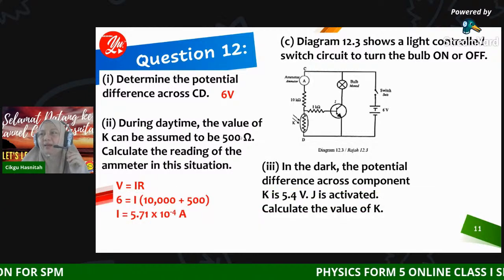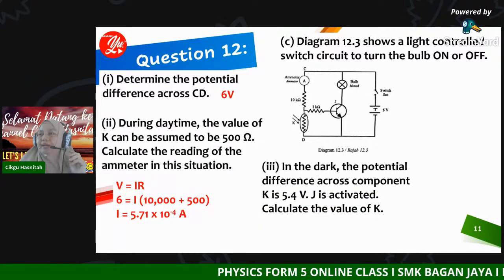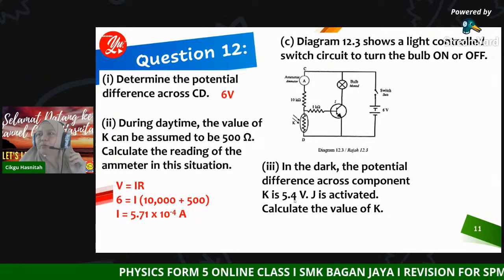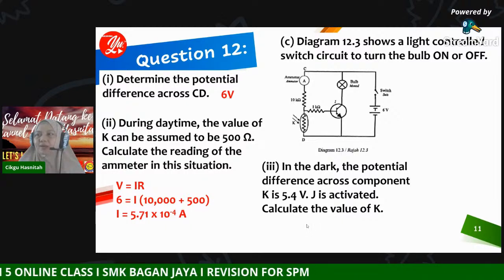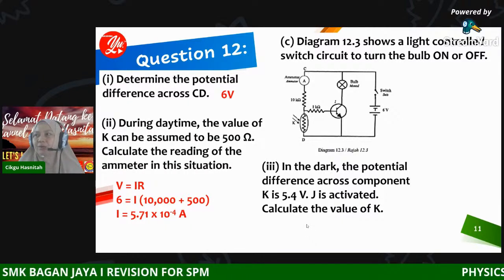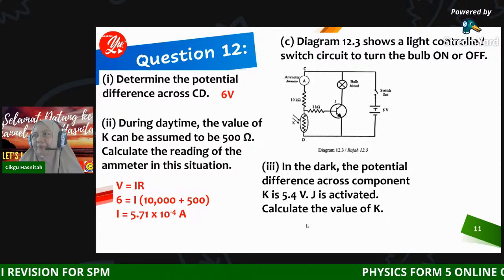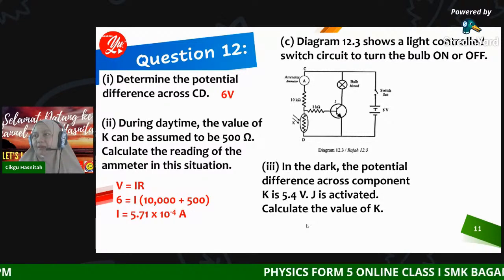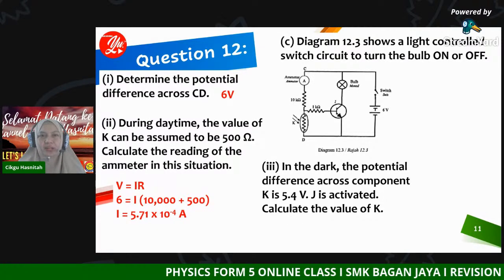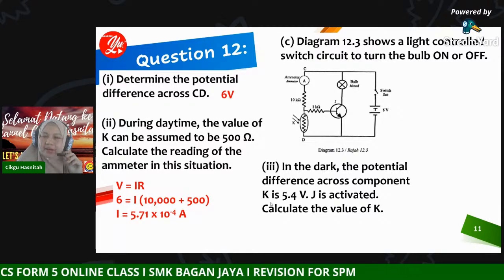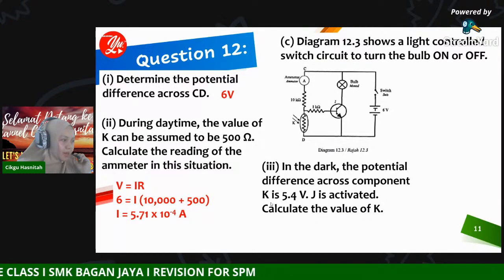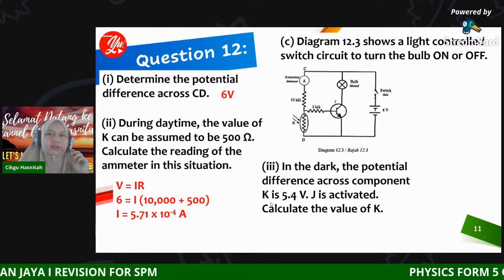So the potential difference in the dark is given as 5.4 volt, and now J is activated. So calculate the value for K. Cheng Guang Heng, it is not a rheostat.